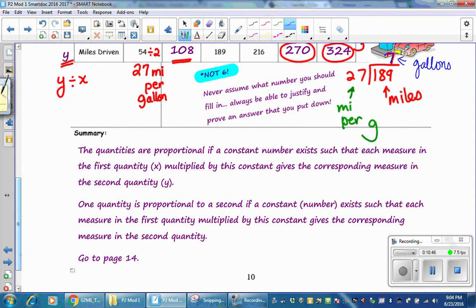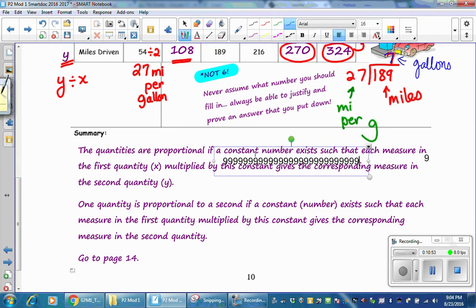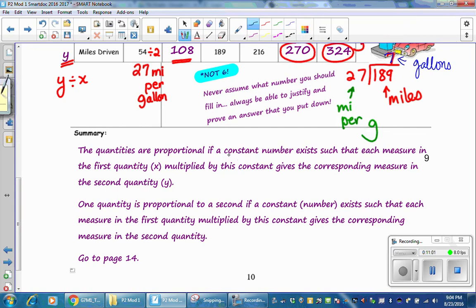In summary, the quantities are proportional if a constant number exists, and that constant number can be a multiplier or a divisor. Exists such that each measure in the first quantity multiplied by this constant gives the corresponding measure in the second quantity, which is y.